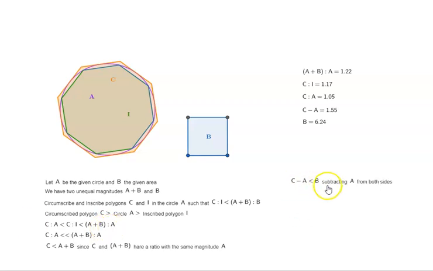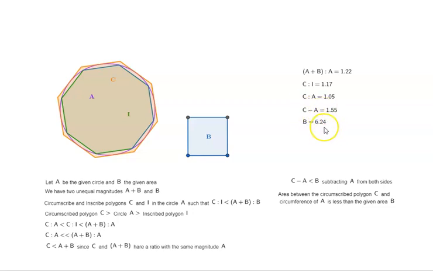Now subtracting A from both the sides, we get C minus A is less than B. So which means the area between the circumscribed polygon C and the circumference of A is less than the given area B. So again, C minus A is 1.55 and B is 6.2.